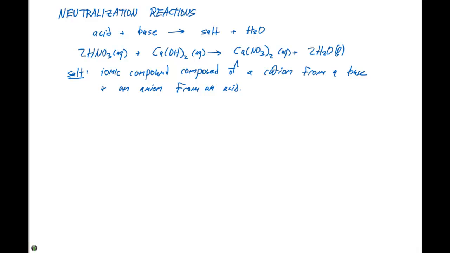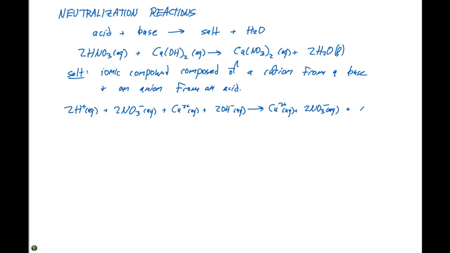So we can write out a net ionic equation for this particular reaction, and we're going to use the same rules that we did from a previous section. Here we have 2H+ in aqueous solution plus 2 NO3- in aqueous solution, plus Ca2+ in aqueous solution, plus 2 OH- in aqueous solution, giving us Ca2+, 2 NO3-, plus 2 waters.